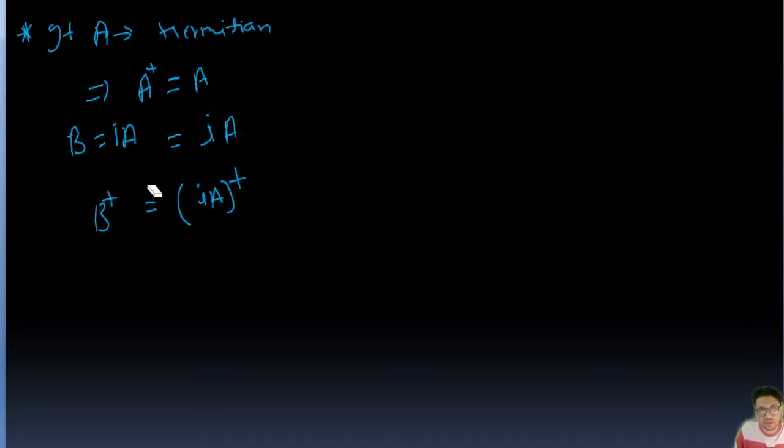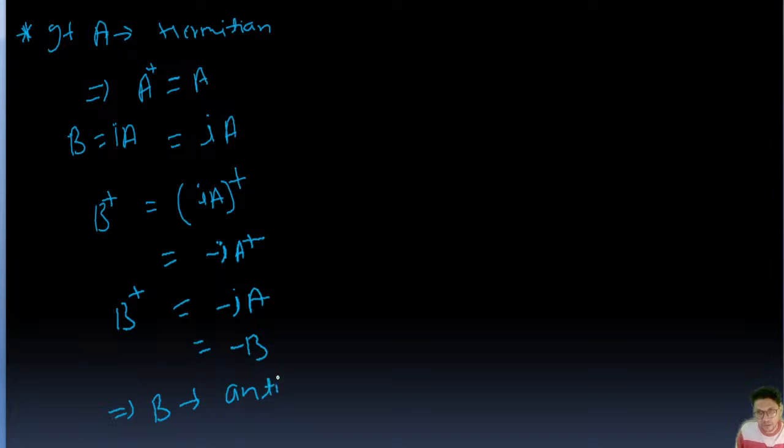And we'll open the dagger. So the dagger of iota is going to be the conjugate of transpose of iota, that is minus iota. And minus iota into A dagger, and A dagger equal to A, so this is going to be minus iota A. So B dagger equal to minus iota A, or we can see iota A is B, so this is minus B. So this implies B is anti-Hermitian.